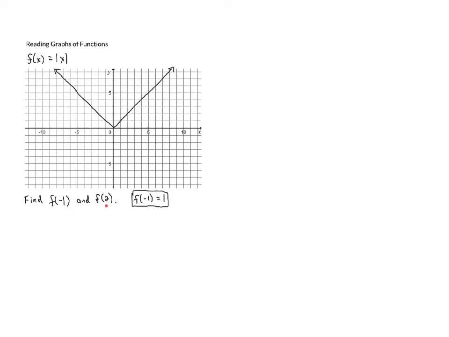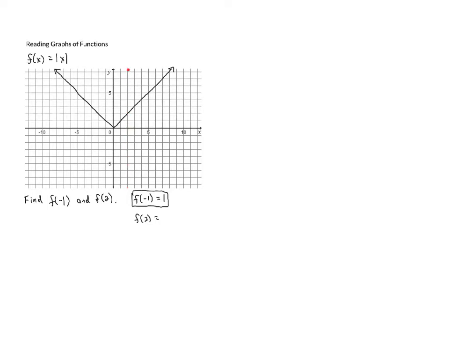We can do something similar to figure out f of 2. If we want to figure out f of 2, we look at x equals 2, and we try to see where on the vertical line x equals 2 our graph crosses. It's almost like looking for an intercept, but we're looking on a line that's not an axis.